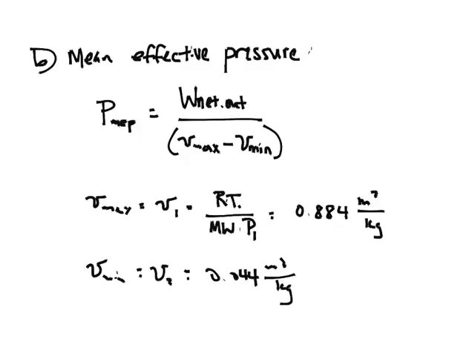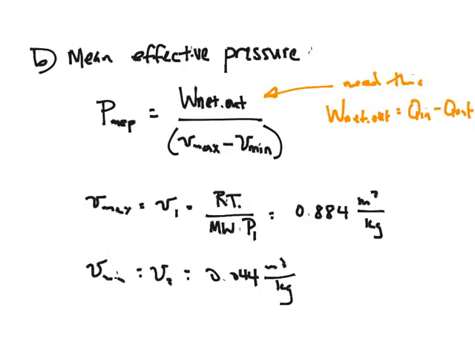All right, so now what do we need? We need the net work out. Okay, so this is what we need to find. Now, we remember that for cycles, the net work out equals Q in minus Q out.